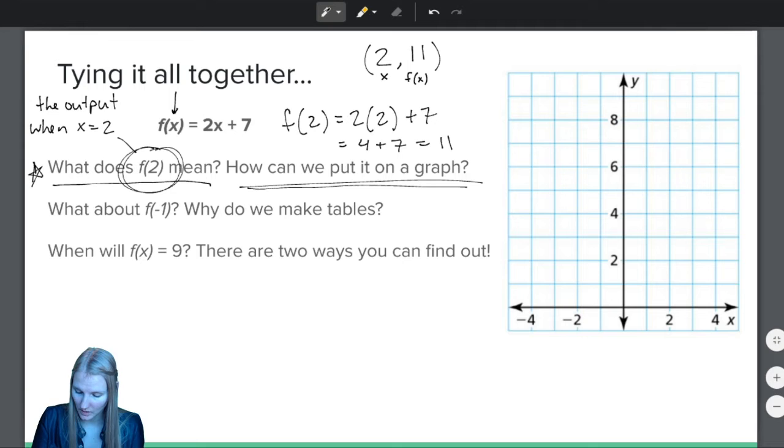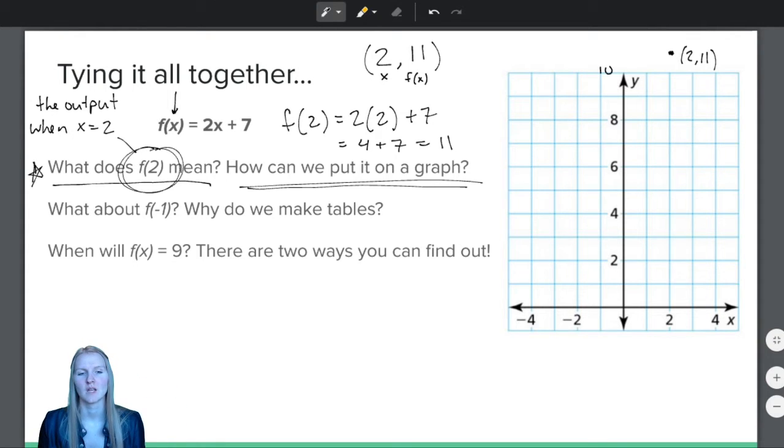And we're going to be slightly off of the graph since this is 10 right up here at the top. But that is how we would put f of 2 on a graph. F of 2 equals 11 on a graph. But we don't write it that way. We write it as 2, 11.